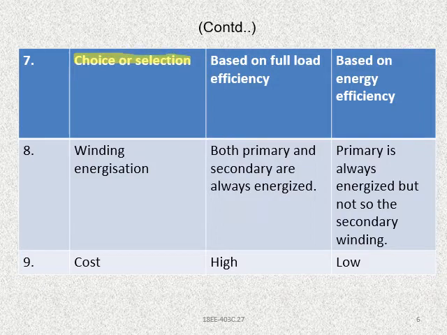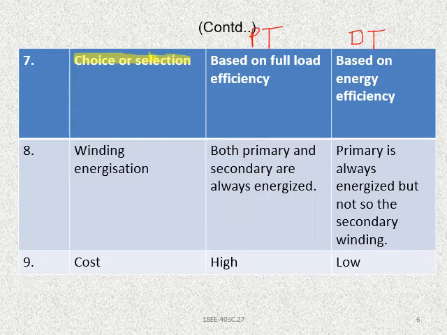And again we have the power transformer and this is the distribution transformer. The seventh point is choice or selection. That means what kind of a transformer has to be chosen or selected.